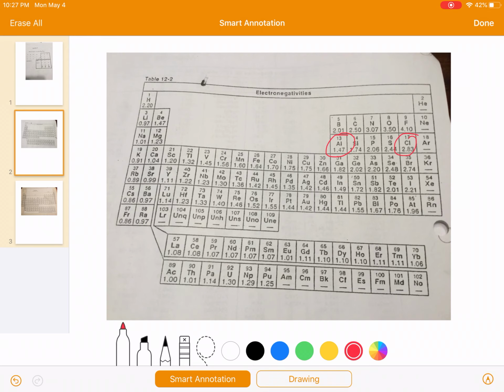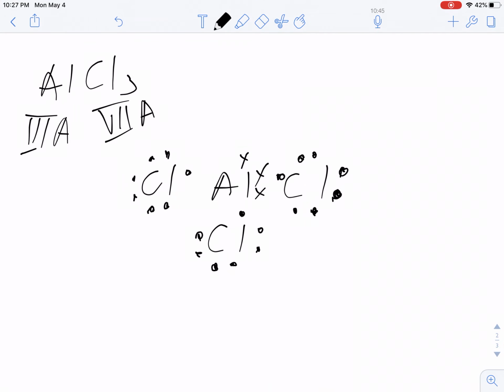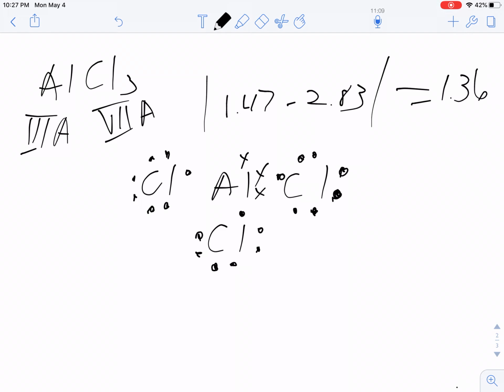I take that difference, the absolute value, and I get 1.36. Okay, so covalent. So now I know I'm going to share electrons.